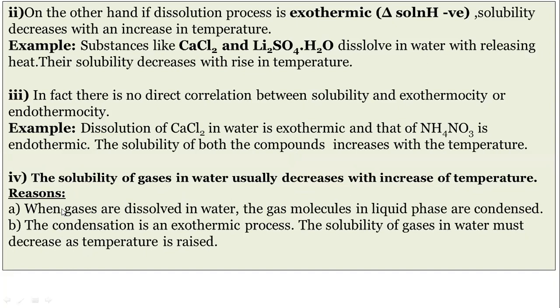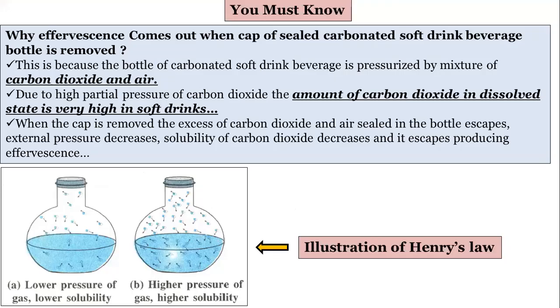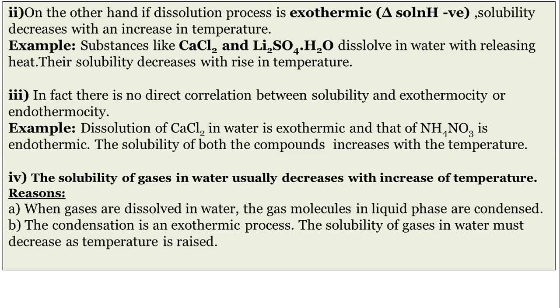When gases are dissolved in water, the gas molecules in the liquid phase are condensed. So we can do this experiment at home. I think this example is given. The example is not given.